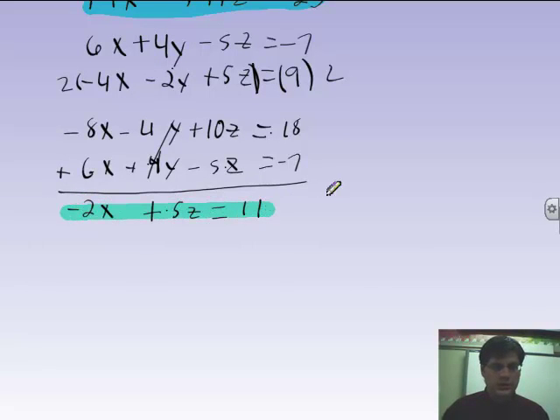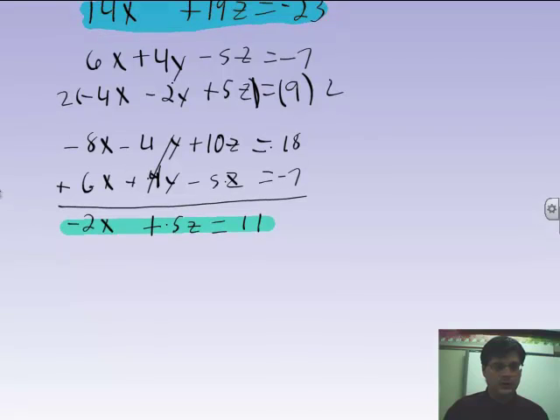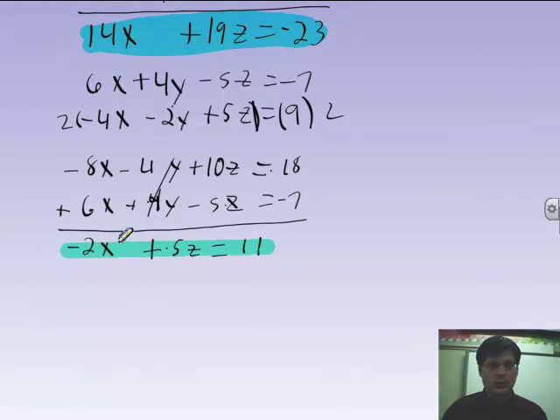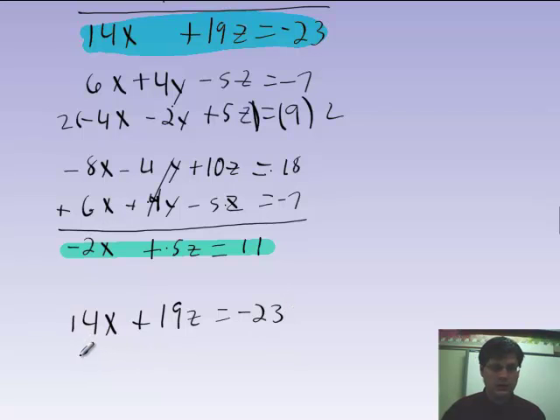All right, now we have a second equation. So now we're going to go back and refer to the first one, and we're going to take these two and eliminate another variable. So let's see, we had 14x plus 19z is equal to negative 23, and negative 2x plus 5z is equal to 11, like so.